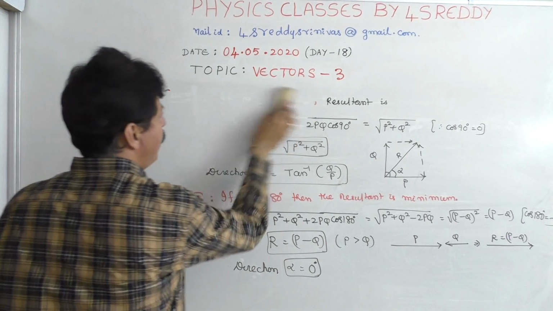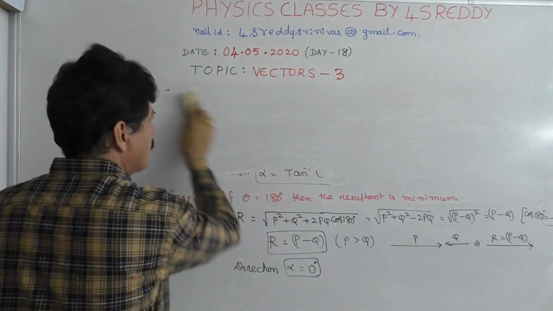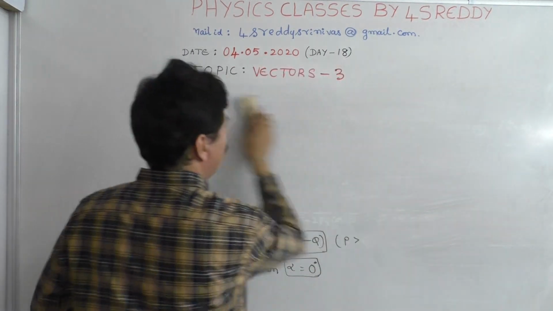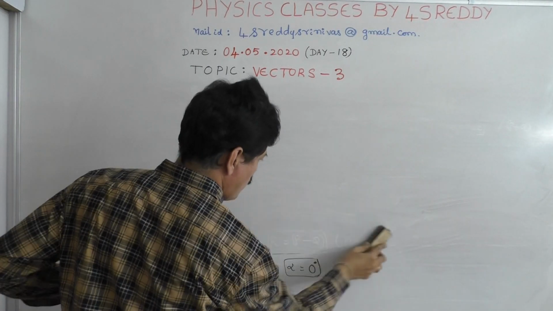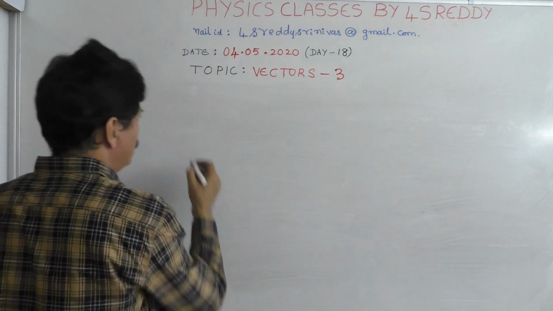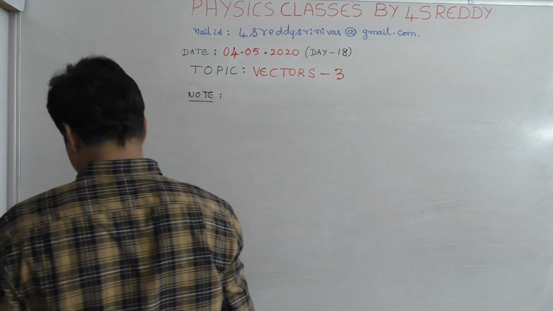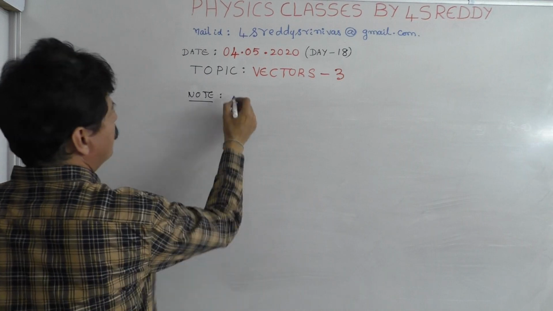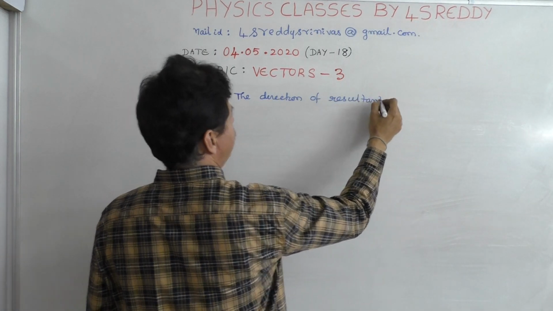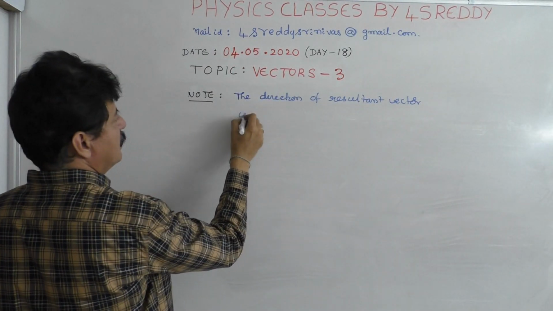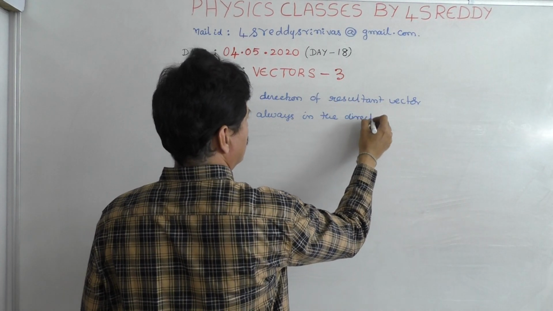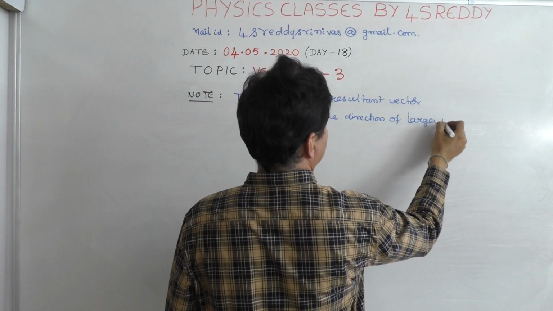Is it clear? So what you have to write here is, note point: the direction of resultant vector is always in the direction of larger vector.